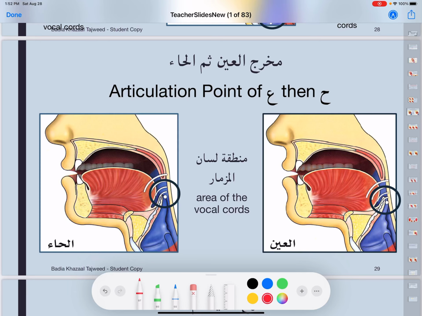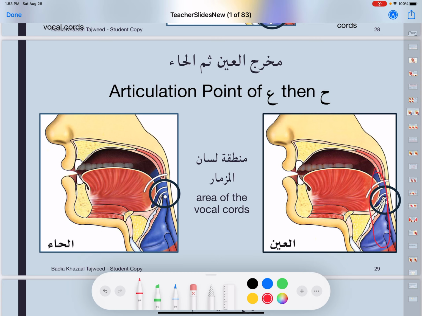Today inshallah we're going to talk about two different makharij, or two different letters. In the last video we talked about the throat letters.